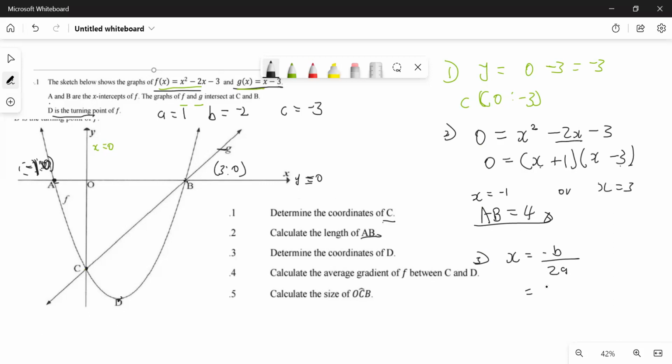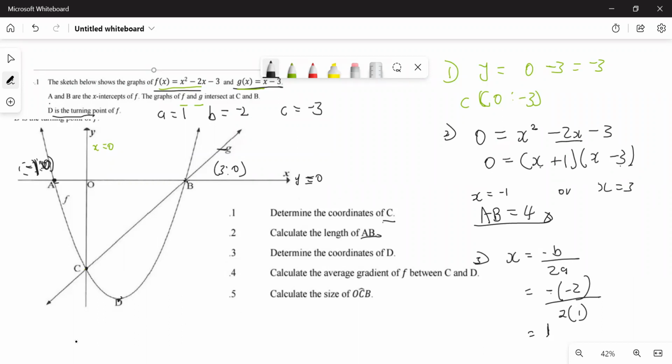And then we substitute. You're going to have minus, open bracket, our b. So we want b first. We have minus 2, close bracket, all over 2 multiplied by 1. If you type this in your calculator, negative and negative gives you 1. Now, after that, you want to get the y value of the turning point.